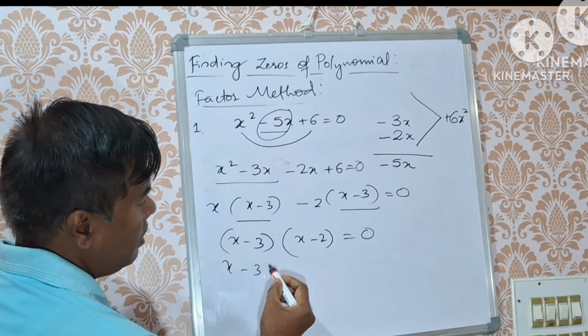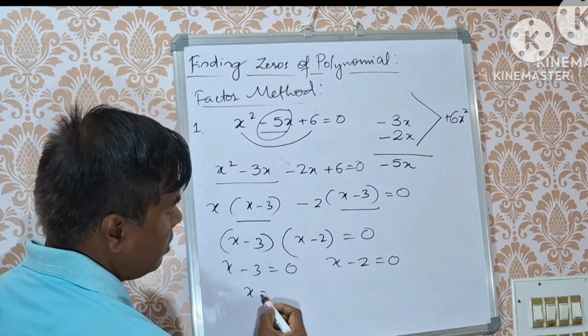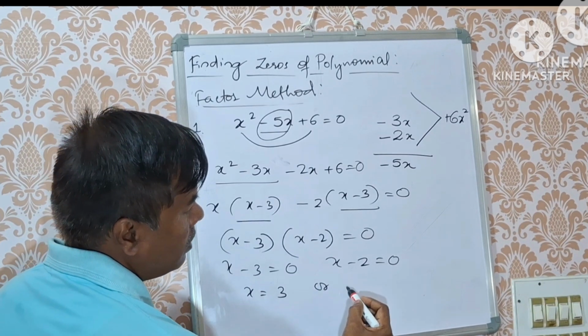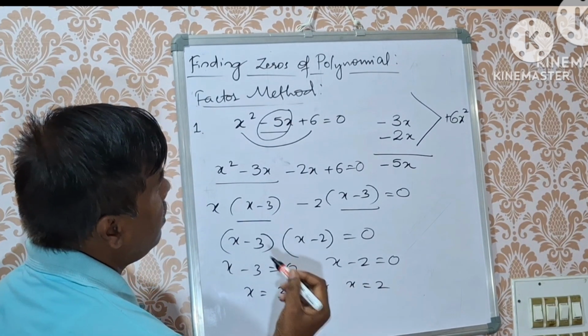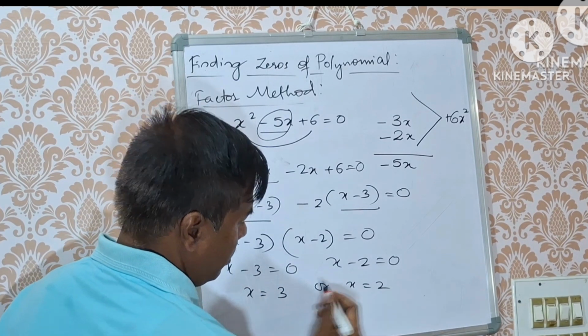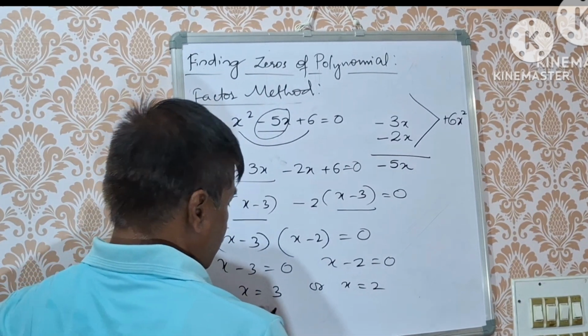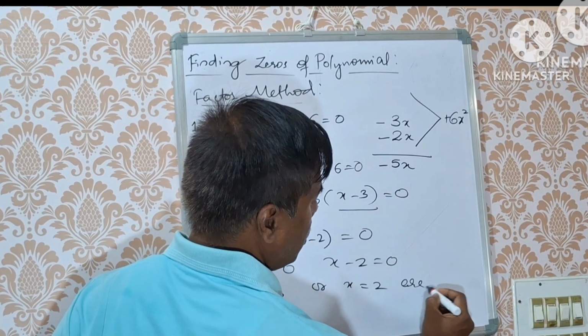That means x minus 3 equals 0 or x minus 2 equals 0. x equals 3 or x equals 2 are the zeros. Therefore, x equals 3 and x equals 2 are the zeros of the polynomial.